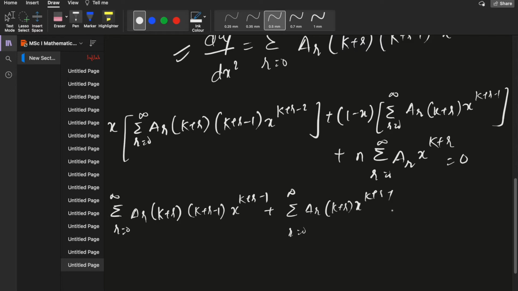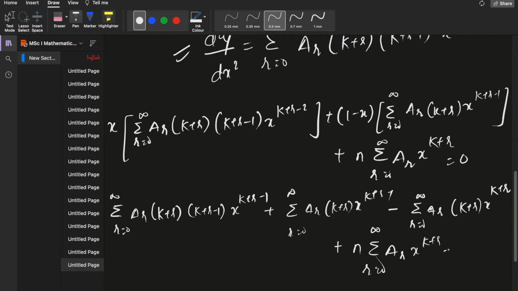The minus multiplied with minus x gives minus summation ar (k plus r) x to the power k plus r, plus summation n ar x to the power k plus r, equals 0.